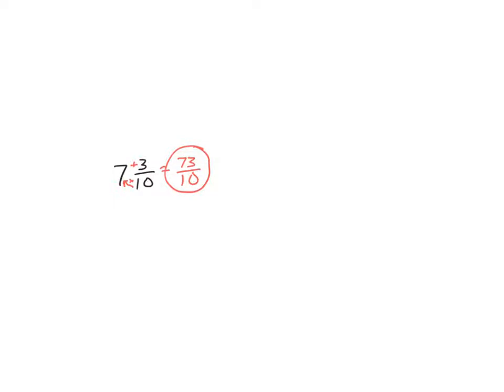Now remember, I multiplied 10 times 7 because what I really have is 7 circles, and each one of those circles could be divided up into tenths, which means that I would have 70 tenths, which is what I get when I multiply 10 times 7, and then I just add the 3/10 to that.